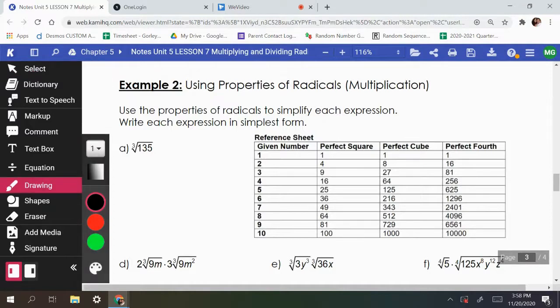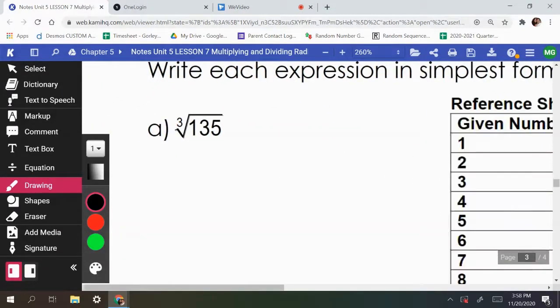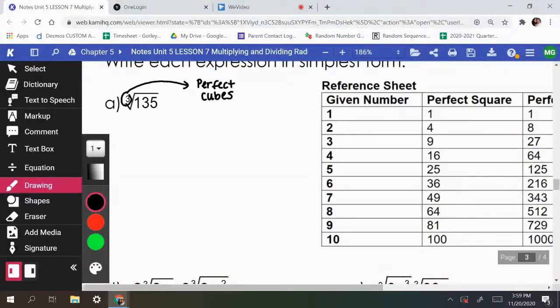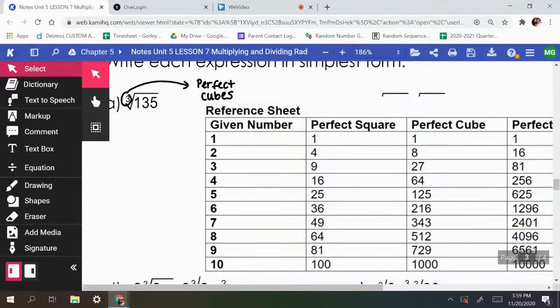We're going to start using the properties of radicals to simplify the expressions. Here we've got the cube root of 135. Looking at it, I know that I'm going to be looking for perfect cubes that 135 is divisible by. If I look at my list of perfect cubes, is 135 a perfect cube?